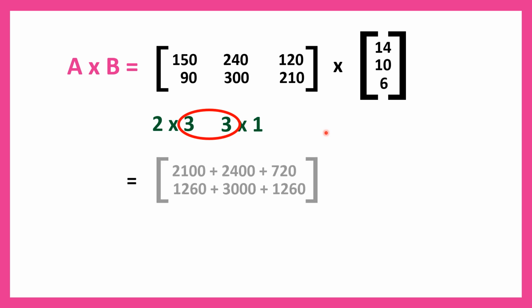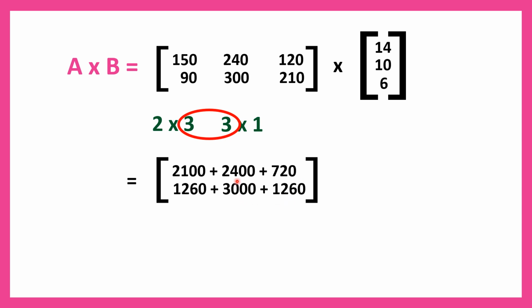So, we get these figures when we multiply it. 2100 plus 2400 plus 720, that is the first row, and then 1260 plus 3000 plus 1260, that is the second row.